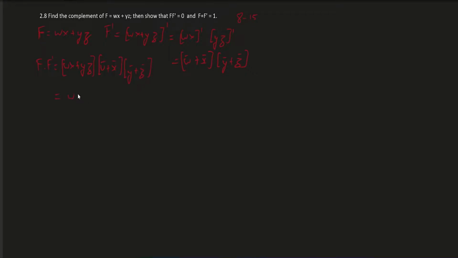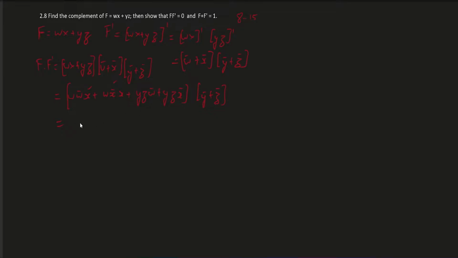So we will have w bar x plus w x bar x plus y is w bar plus y is x bar whole multiplied by y is y bar plus z bar, and this will be 0, this will be 0.